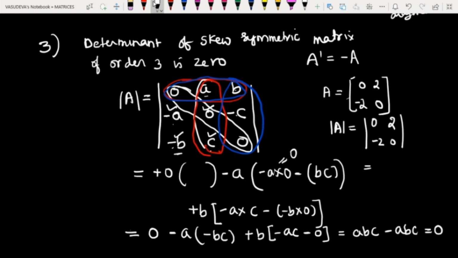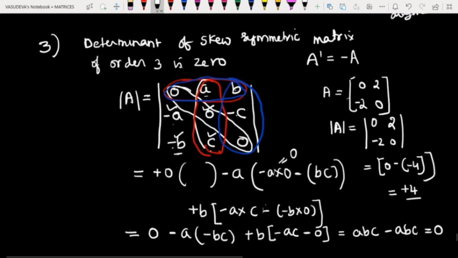Evaluating, we get 0 minus of minus 2 into 2, minus 4. So we are getting 0 minus of minus 4, plus 4. So the determinant of A is 4. So in any case, if a skew symmetric matrix is of odd order, the determinant will be 0.